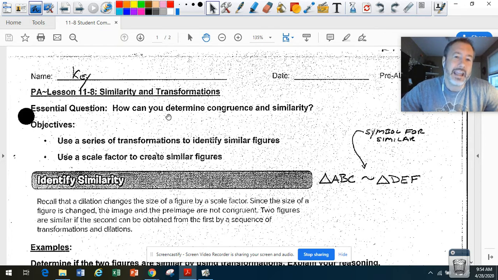So today we're going to take that information and talk about similar triangles and similar shapes. Similarities basically mean that the objects are still in proportion. Their sizes are not the same, but they are still in the same shape, same proportion.